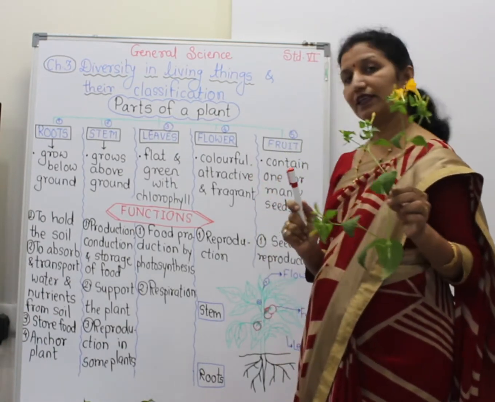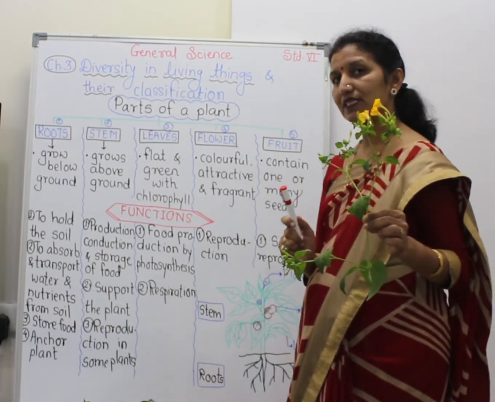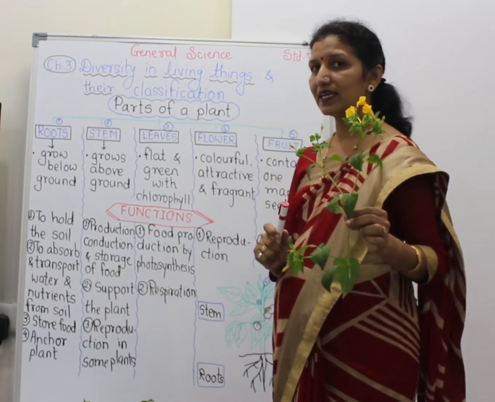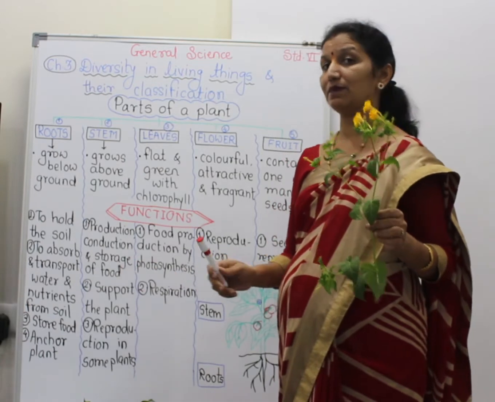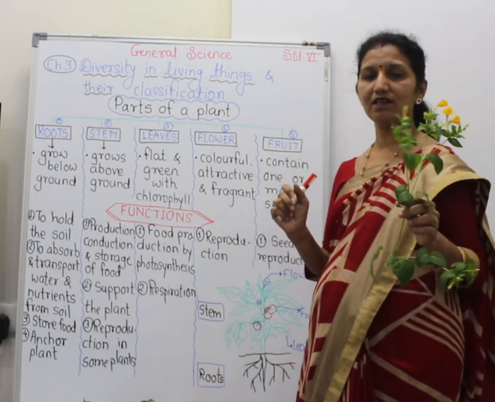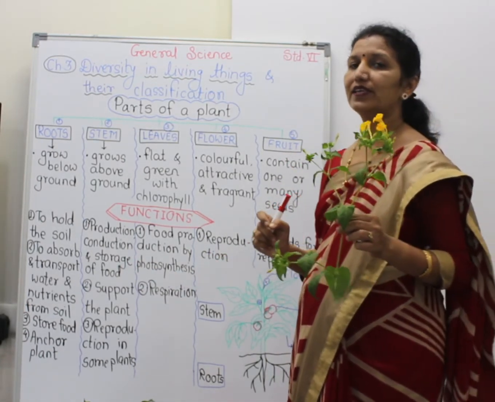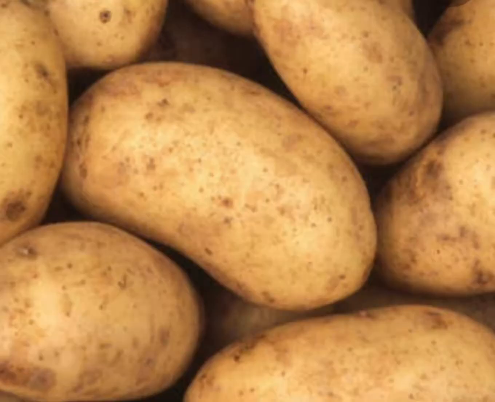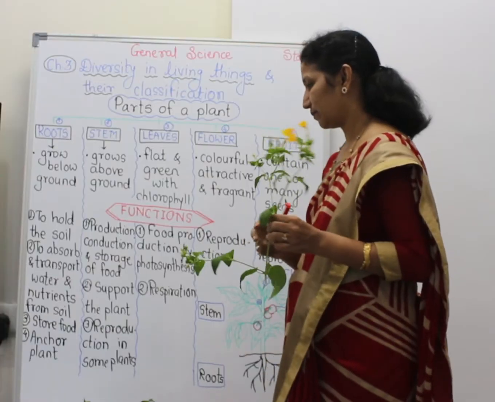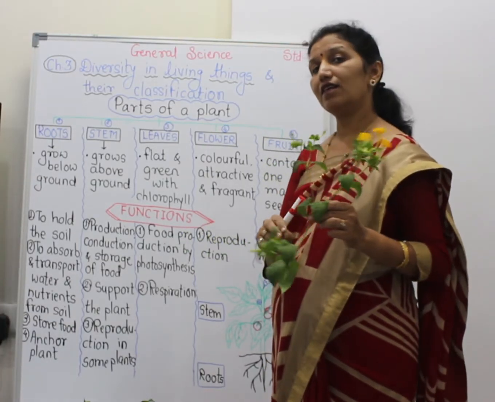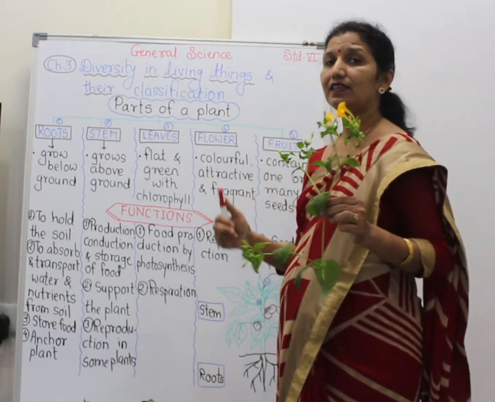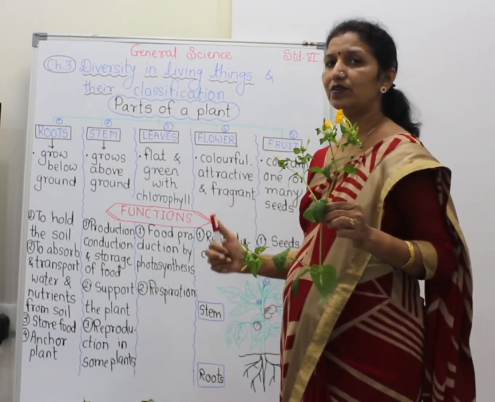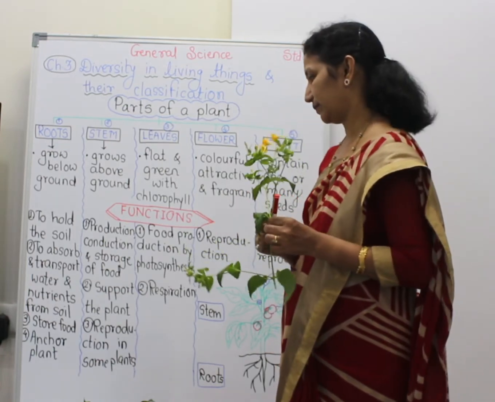Then the conduction of food also takes place, conduction of water also takes place, then the storage of food also takes place in some stems. For example, potato is an underground stem and it stores food, whereas radish and carrot are underground roots and they store food.